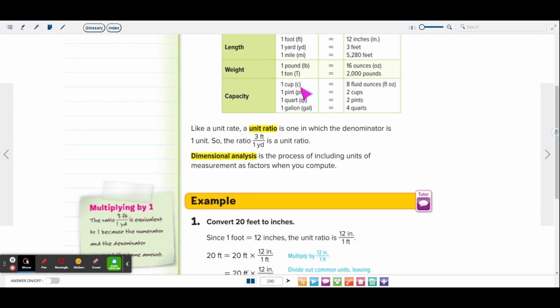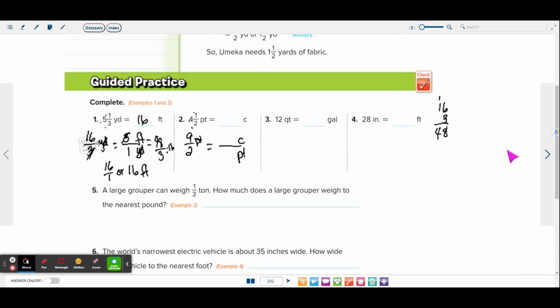Okay, 8 fluid ounces. That's not what we want. We want pints and cups. Here's 1 pint, 2 cups. Okay, let's go back to our problem. 1 pint, we're going to flip it upside down, right? 1 pint is 2 cups. Okay, now we can cancel out pints. We can also cancel out the 2's. And we end up with 9 over 1, which is 9 cups.